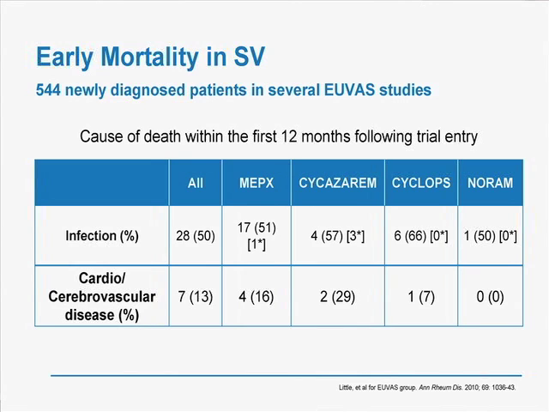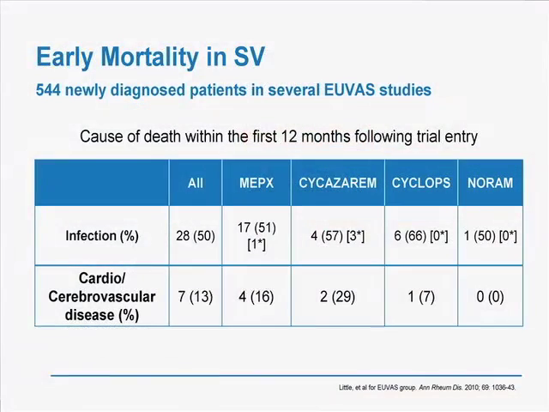So when we look at all causes of death within the first 12 months of the study, we see that 10%, almost 11% of all patients died. And among those who died, infection was the leading cause of death.